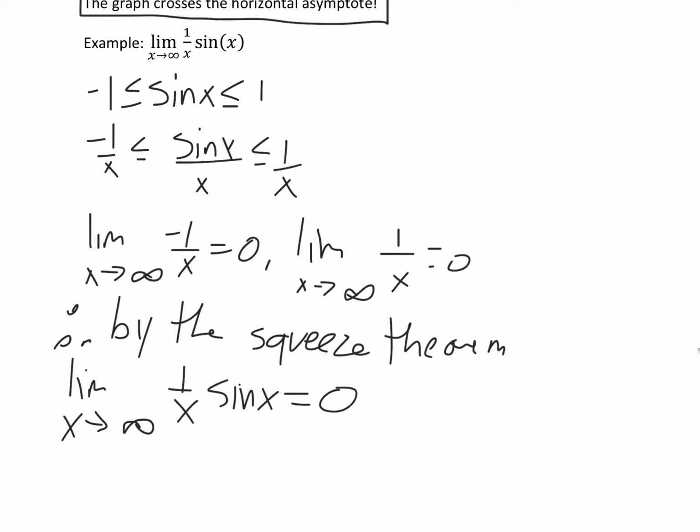And so apparently we have a horizontal asymptote at y equals 0. Let's go ahead and take a look at what the graph looks like.